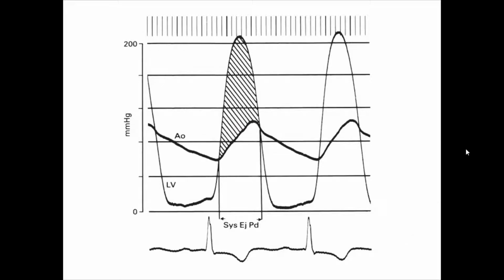This is hemodynamic tracing. Is it simultaneous, pullback? Try to be organized. Simultaneous hemodynamic tracing of what chambers, what vessels? LV and aorta. Before the diagnosis, just try to collect the findings.